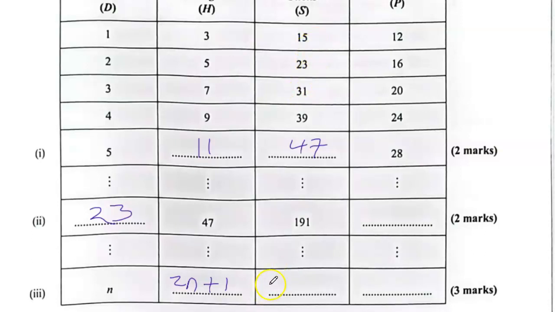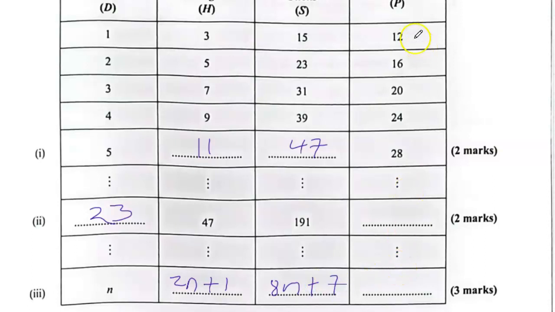So obviously we'll begin with 8n. And then what do we add now? We add 7. 8 times 1, that's 8, plus 7. 8 times 2, 16. Add 7, you get 23. 8 times 3, 24. Add 7, you get 31. 8 times 5, 40. Add 7, you get 47. So it's 8n plus 7.